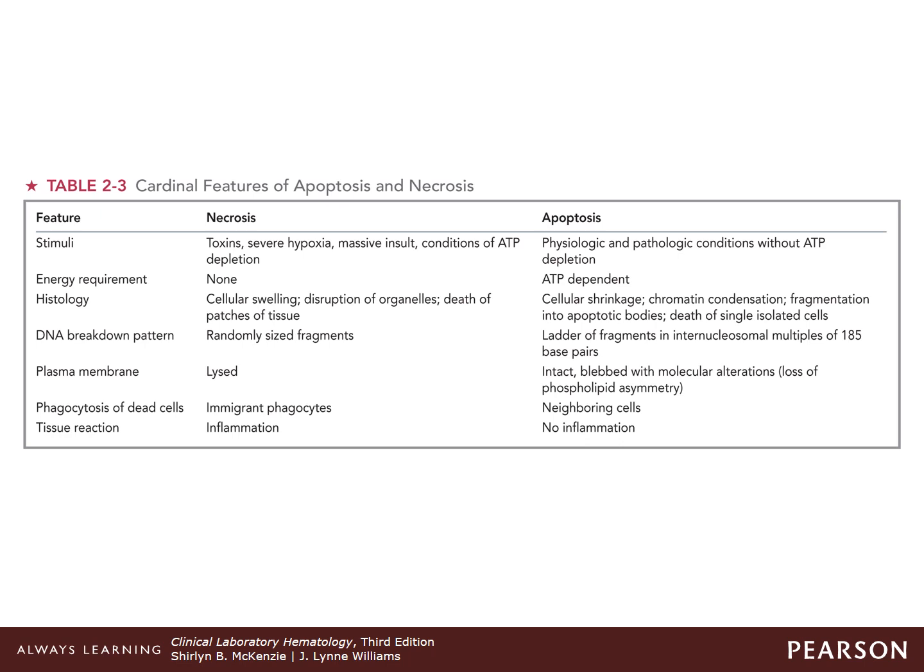As the cells break down in necrosis, the cell membrane is broken and the cell is lysed. In apoptosis, the cells remain intact and they are blebbed with alterations, and you start to see the loss of phospholipid asymmetry.